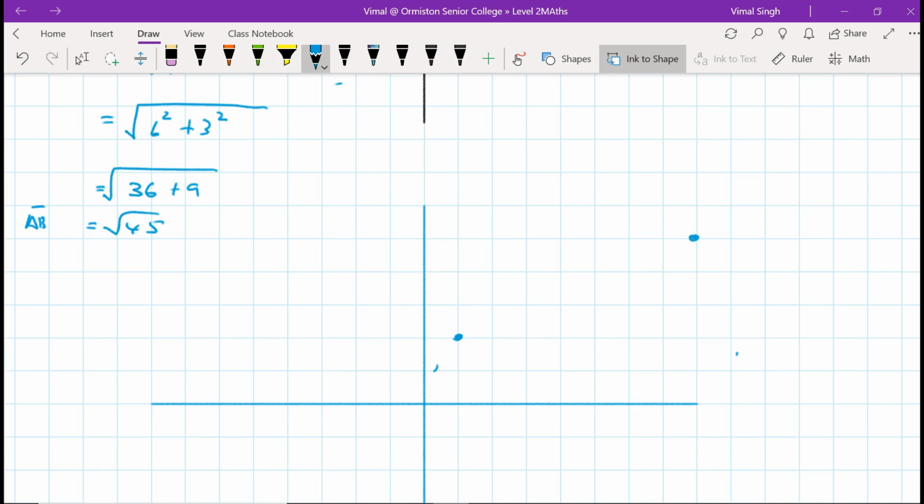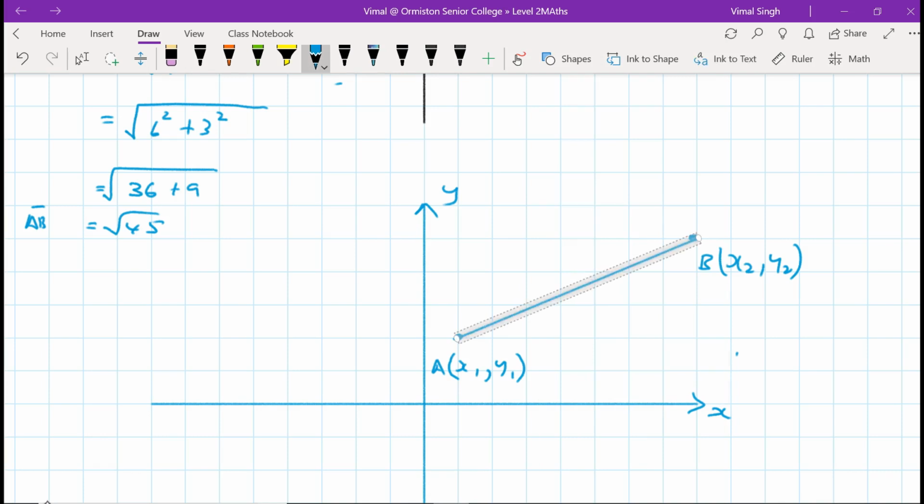I'll label this point as x1, y1, and B as x2, y2. So I want to find the length of this line AB. Sorry, I'm labeling this while I'm talking.